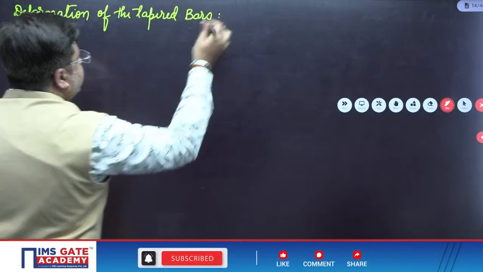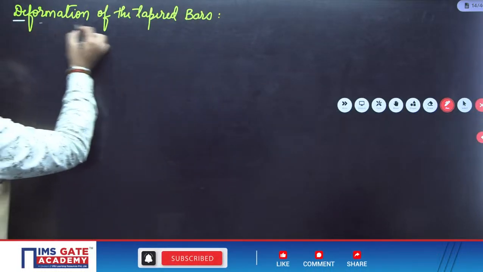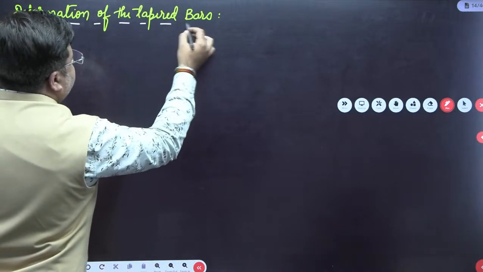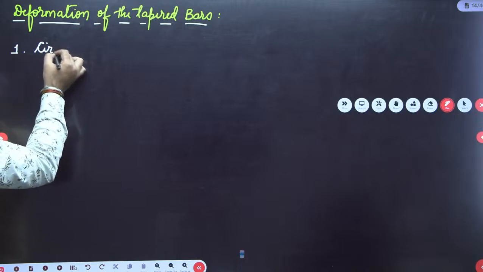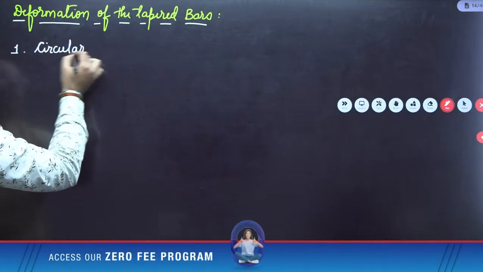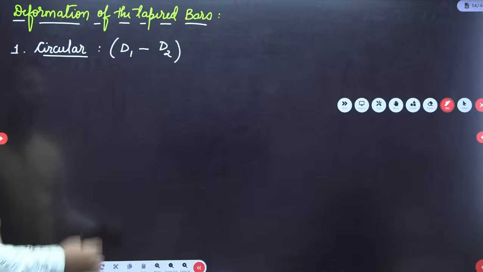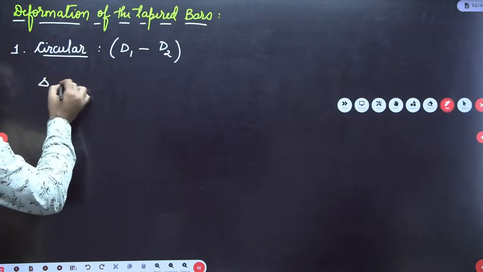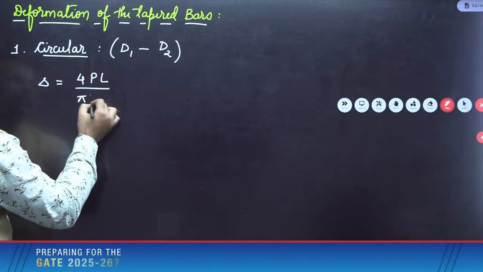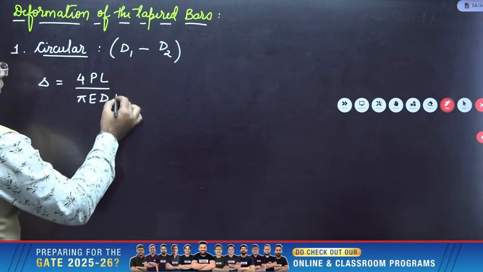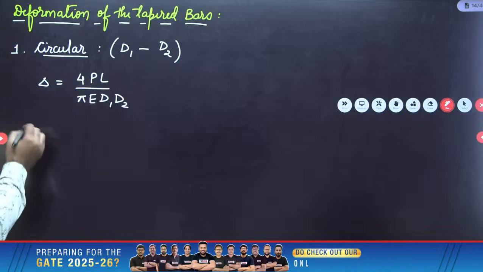Now, sir, what is the deformation for a tapered bar? First of all, for the circular tapered bar, whose diameter is increasing, the total deformation delta is equal to 4PL upon pi E d1 d2. This is the total deformation of the circular tapered bar.